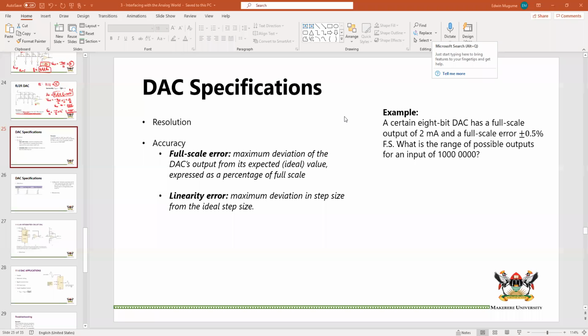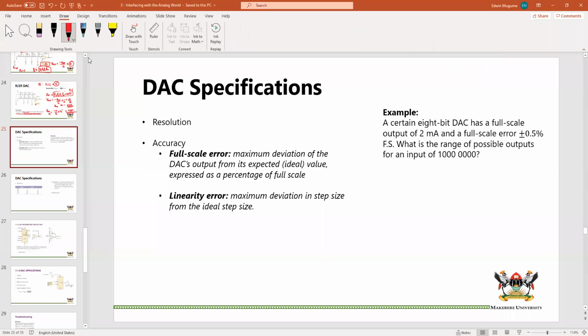We can look at accuracy of the digital to analog converters in two ways: in terms of the full scale error and also the linearity error. Usually they are quite similar, or at least they give the same idea of accuracy or lack of, but these are just two ways that we can consider the accuracy.